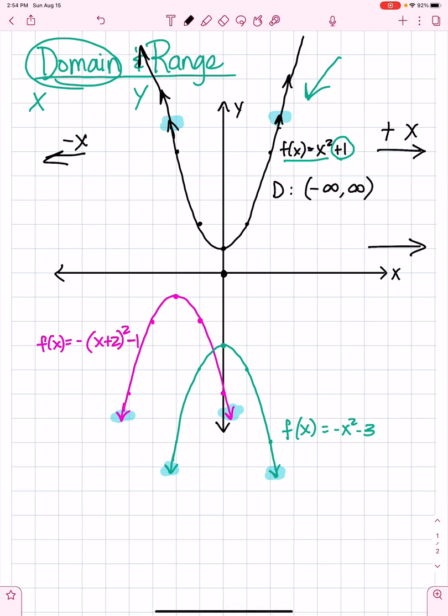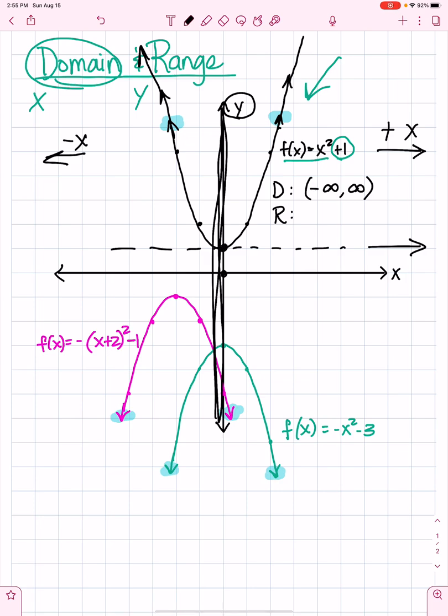It covers basically every x value that's available to us. The range, however, does not do that, because the range values for y, see, these are all of the y values right here. Well, if you'll notice, the parabola does not dip down past positive 1.